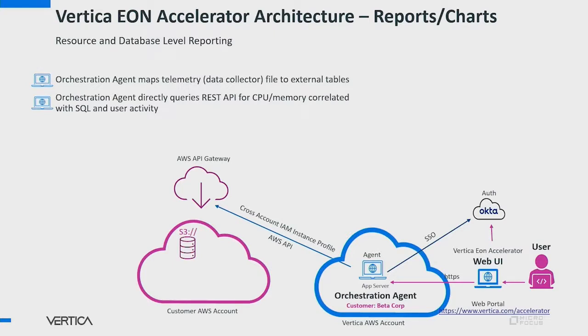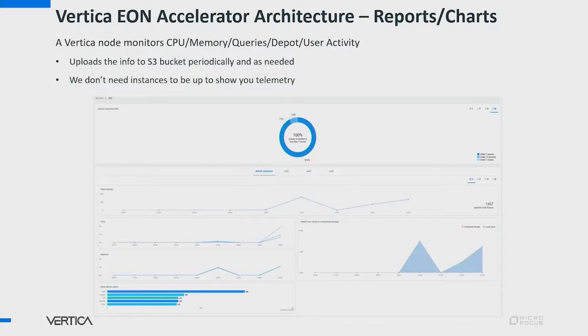We haven't spent too much time building very detailed reports, but we are able to correlate user activity and host activity in the same manner because we are capturing it through the process. So you can correlate user activity with host activity. The idea is you would be able to tell which user is consuming more resources and which user is consuming less. And here's an example of some charts that you could see.